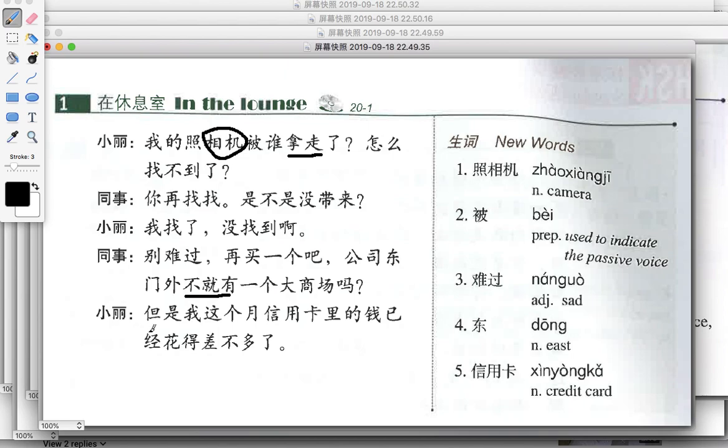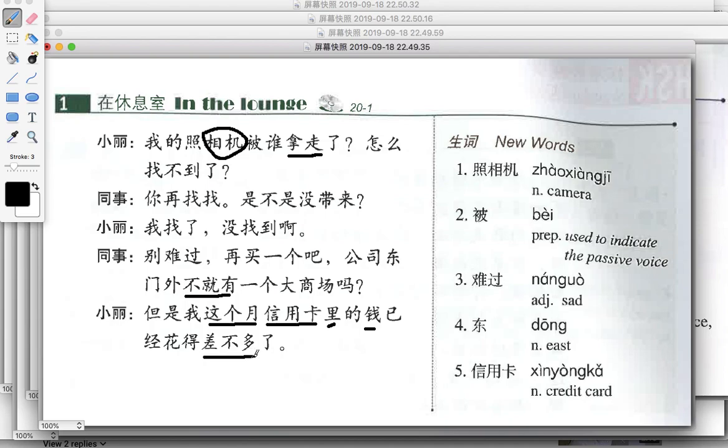小丽说但是，什么呢？我这个月信用卡里的钱。信用卡里的钱，卡就是 card，信用 is credit, a very direct translation。这个月, this month, 里边, inside the credit card, 已经 already 花的差不多了。差不多 means almost, right?